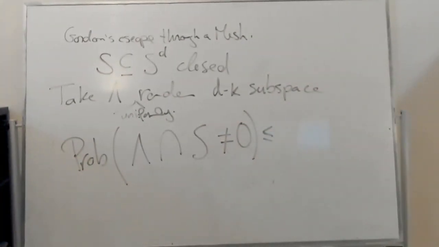is small, provided that k is bigger than the Gaussian width squared.